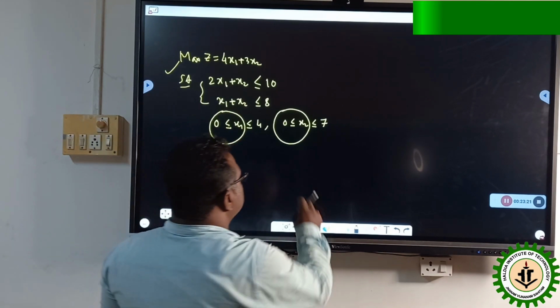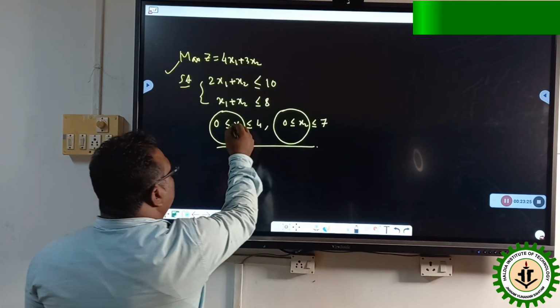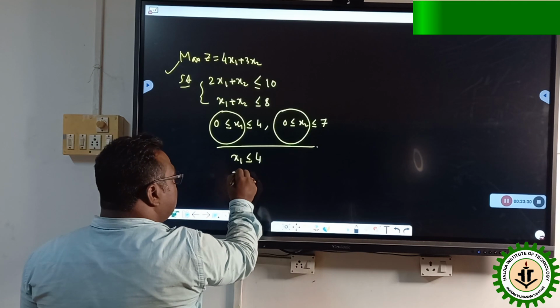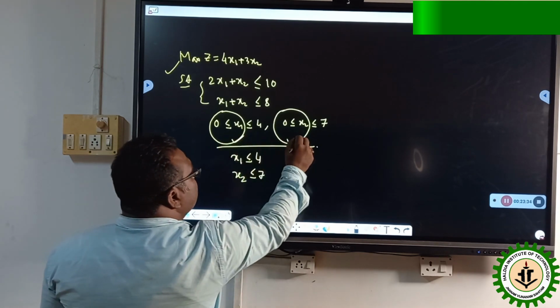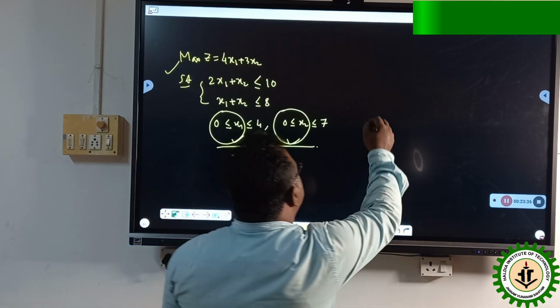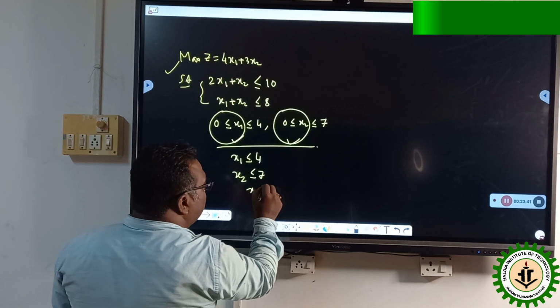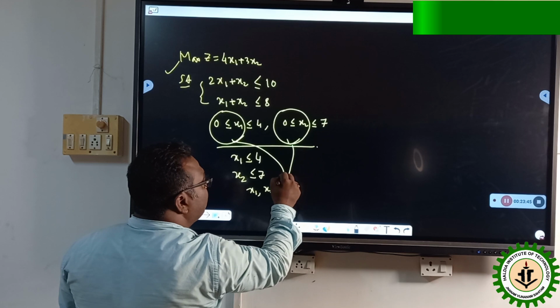What are these? If you simplify these things, you will get from here one constraint x1 less than or equal to 4, another constraint x2 less than or equal to 7, and these two you will write in this way. At last, x1, x2 greater than or equal to 0. So this is coming from here.